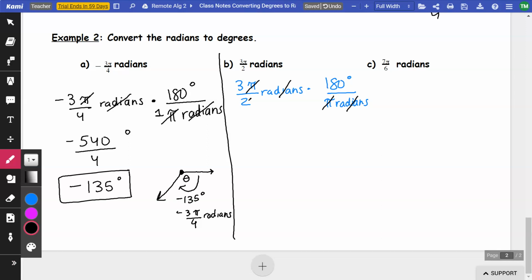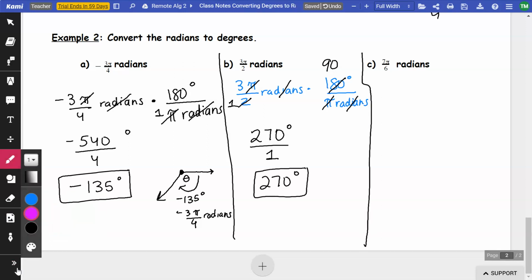So I know that 2 divided by 2 is 1. 180 divided by 2 is 90. So then 3 times 90 degrees would be 270 degrees over 1 times 1 is 1. 270 divided by 1 is just 270. So 3 pi over 2 radians is the same thing as 270 degrees.